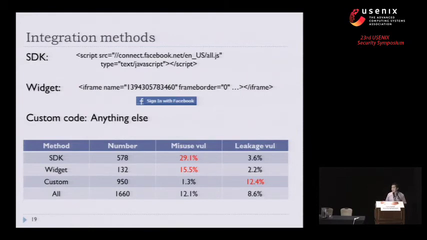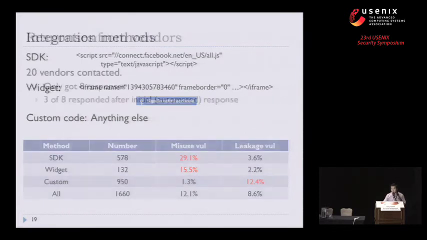This makes the application more vulnerable to credential misuse if they are careless. We think this result will give some insight to the identity providers as to how to develop their SDKs and documentation to lead developers to the correct way.